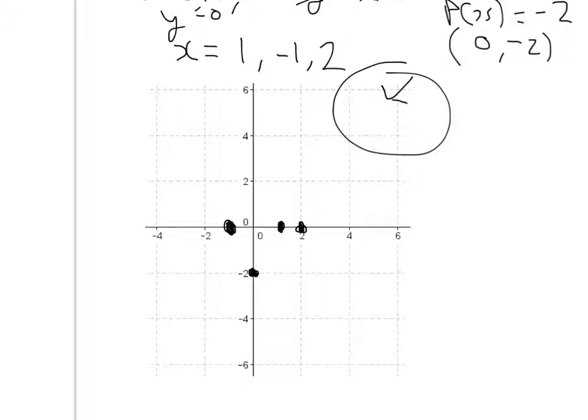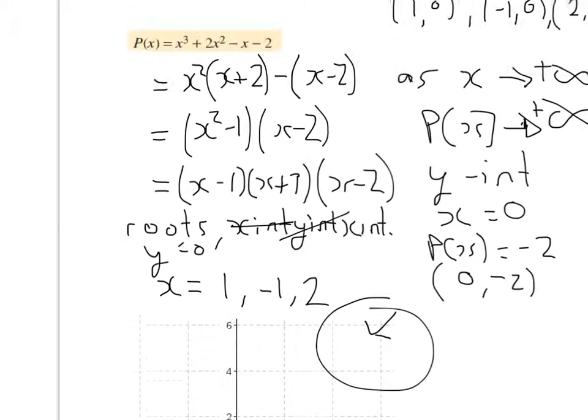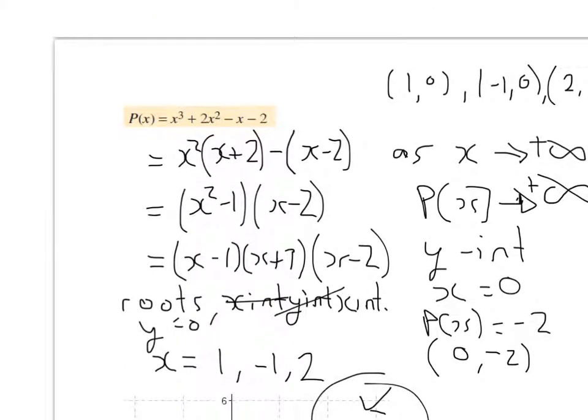Alright, so let's just make sure that works. Goes down there, up there. Oh no. What have I done wrong? Okay, let's go back to the start. I have the first line, x squared, x plus 2. Uh-oh.